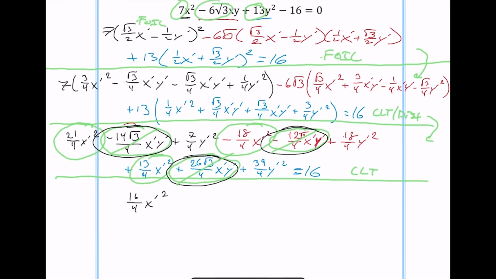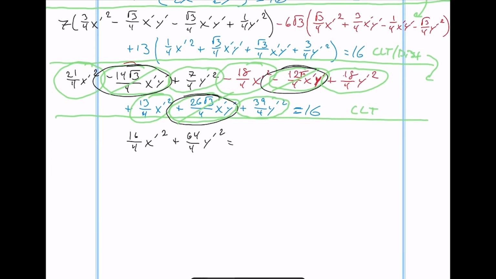I've got positive 7 of them here, plus another 18 of them here for a total of 25. 25 plus 39 makes 64, so that is plus 64 fourths of a y prime squared, and that's equal to 16.